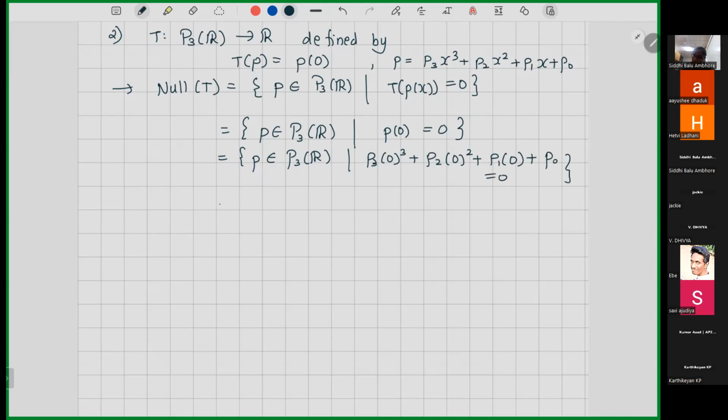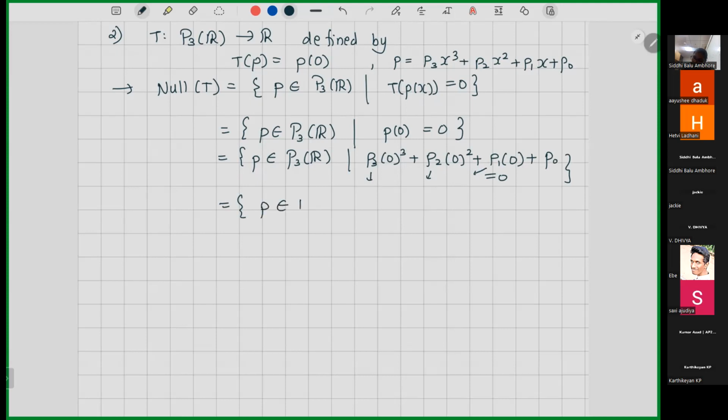Note that for all these coefficients p1, p2, p3, I can take any numbers, and it will always end up adding up to 0. So the only thing we need to take care of is p naught. And for this sum to be 0, we must have p naught equal to 0.